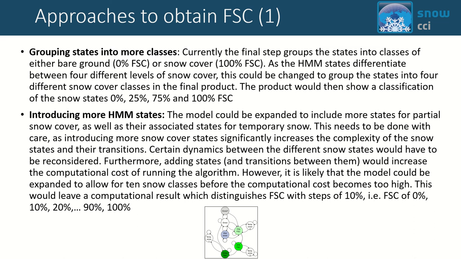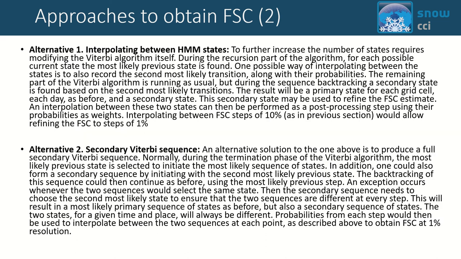But we can't introduce 100 different states into a hidden Markov model. It would be unstable doing that. So we bridge these 2 levels by introducing 10 states, estimating the snow cover at the 10% levels.